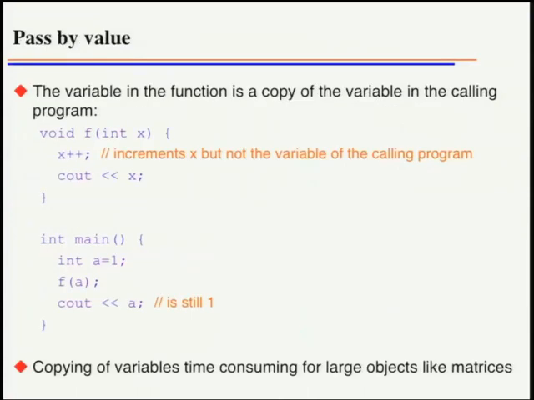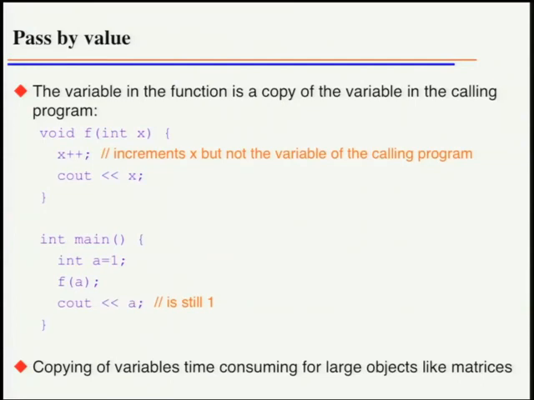So pass by value is what you just saw. If you just write the parameters as type and parameter name, then the value of the parameter will be copied into a variable in that function called x. So if we look here, we have a function f, which gets an integer parameter x, increments it by 1, and outputs the result.